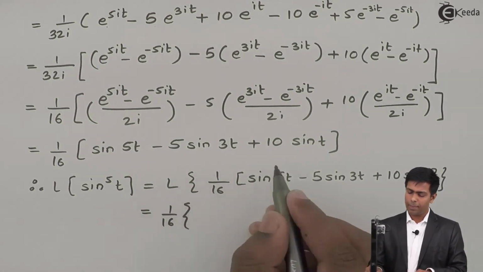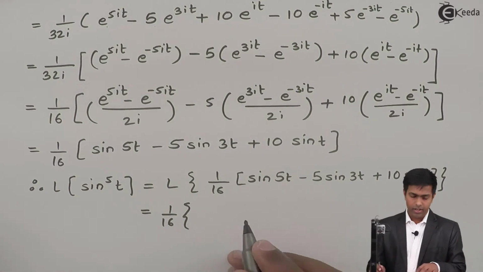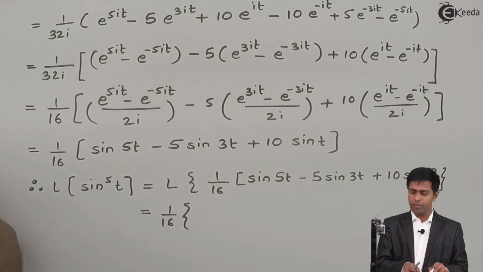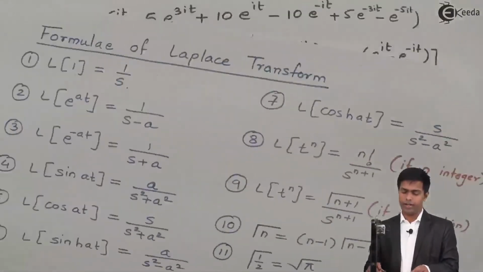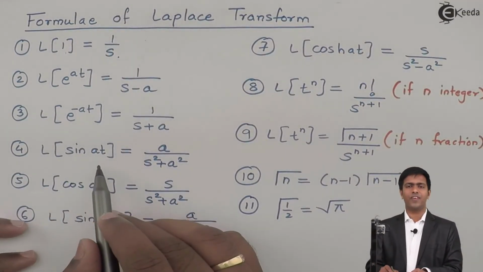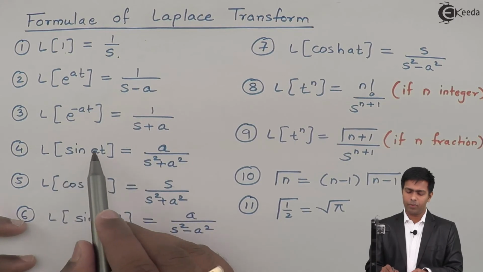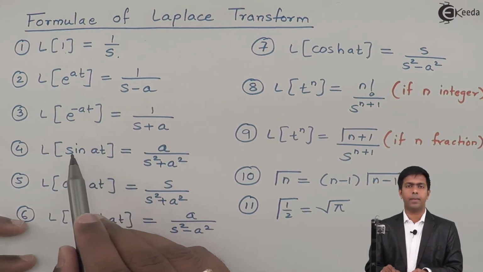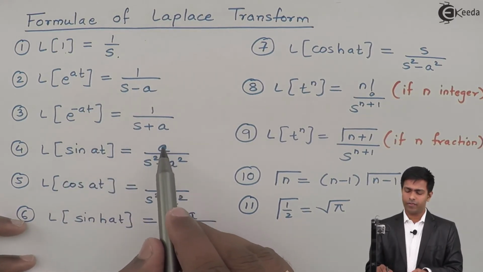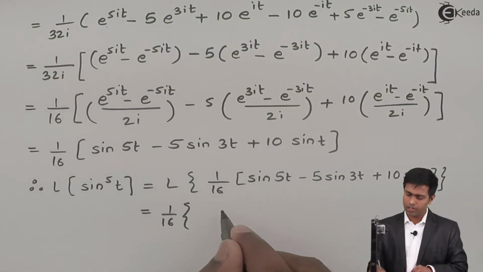So Laplace of sine of 5t, for that we'll use the formula of Laplace of sine of at. Laplace of sine of at is a upon s square plus a square. In this formula, if I put a as 5, then I'll get Laplace of sine 5t, so here we'll get 5 upon s square plus 25.